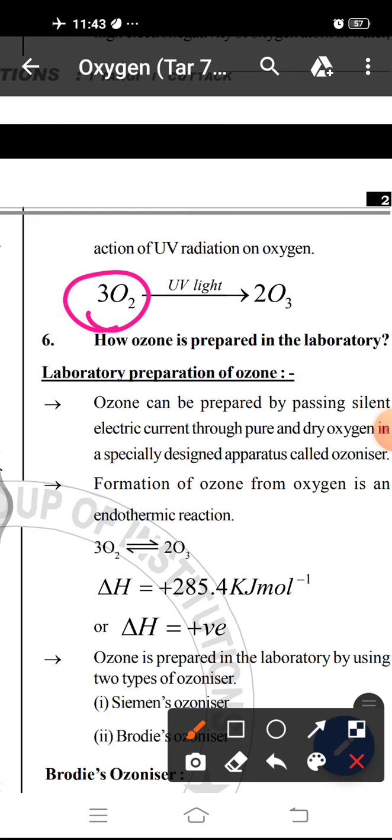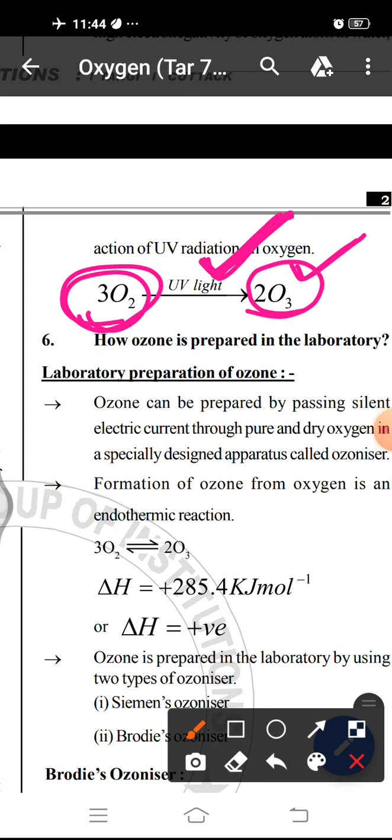When UV light falls on oxygen, or when oxygen comes in contact with UV light, ozone is formed. In the atmosphere, ozone is prepared from oxygen with the help of UV radiation.